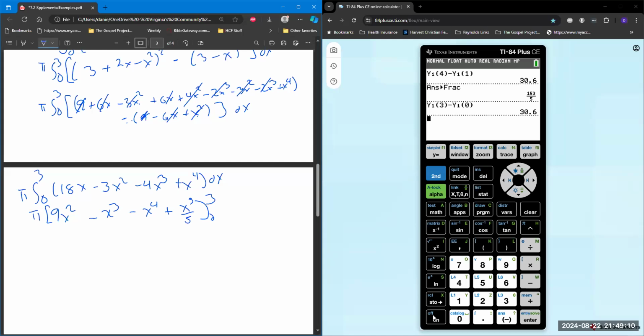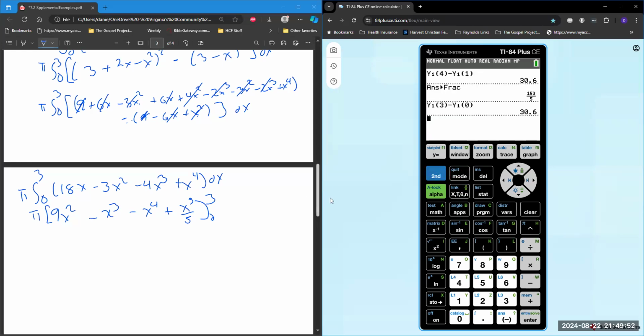Go back to my calculator here. So that's going to be 9x squared minus x to the 3rd minus x to the 4th plus x to the 5th divided by 5.